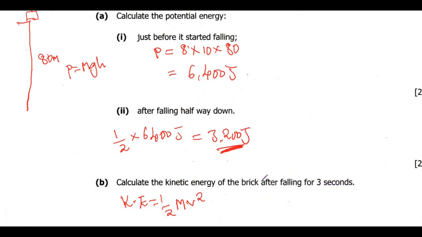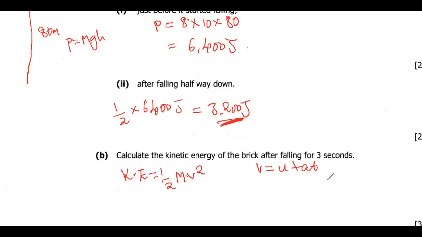They've given us 3 seconds, so we can find the final velocity. Final velocity is equal to initial velocity plus acceleration times t. The initial velocity was 0, it started from rest because it was at the top here.